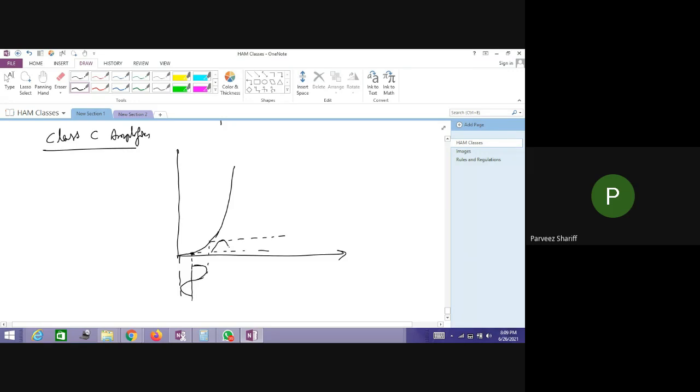So here we got this portion of signal here. So it means we are getting only the small portion of signal across the positive peak.